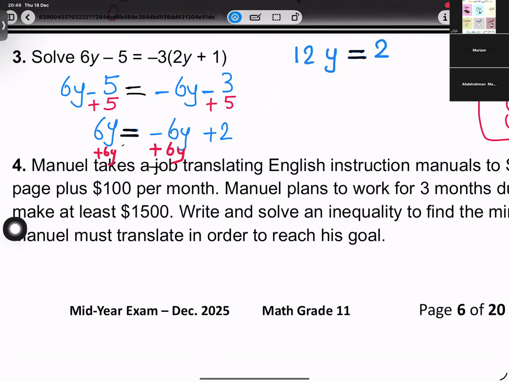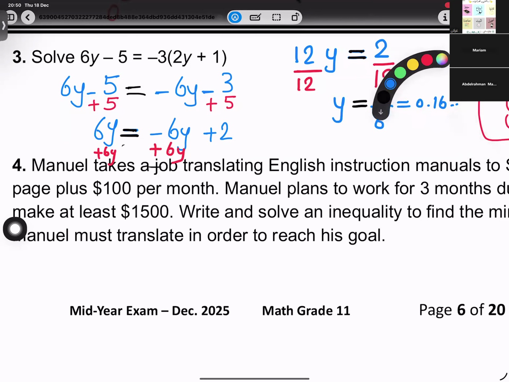12y equal to 2. Divide by 12. Now we divide. So 12y equal to 2, I mean over 12, which is equal to 2 over 12. It equals 1 over 6, or 1.66.